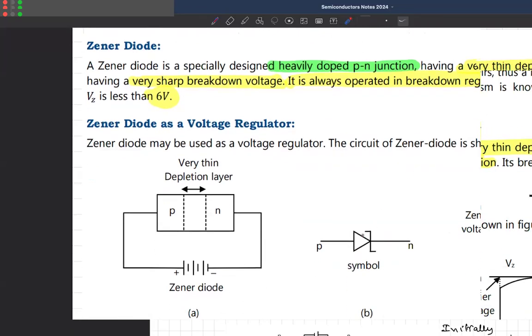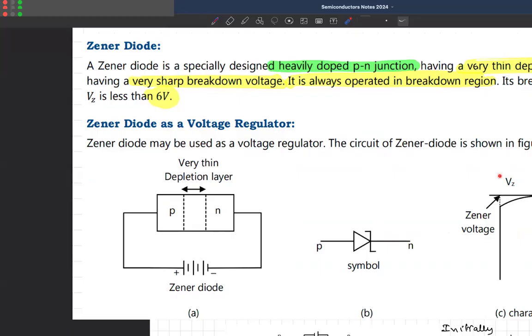That is the reason why the Zener diode is shown differently, like a Z shape. You can see a sharp breakdown voltage. That is the reason why the Zener diode is used as a voltage regulator, which controls voltage.